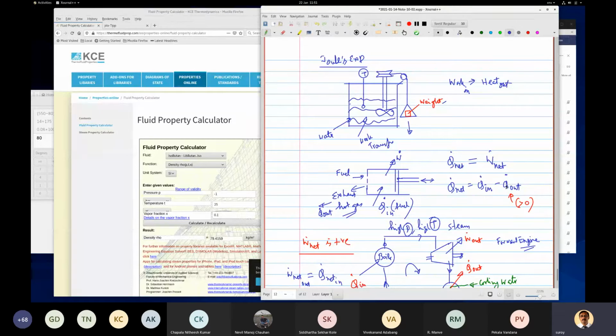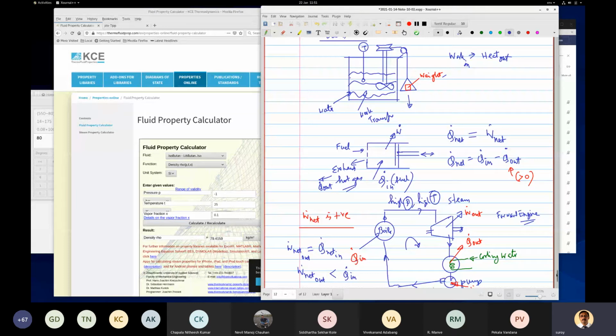When you have heat in, you cannot convert it all to work. The other is not possible, but work in converted to heat is possible. I will show you later on. So heat out has to be there when you have heat in, because everything cannot be converted to work, but work can be converted to heat.